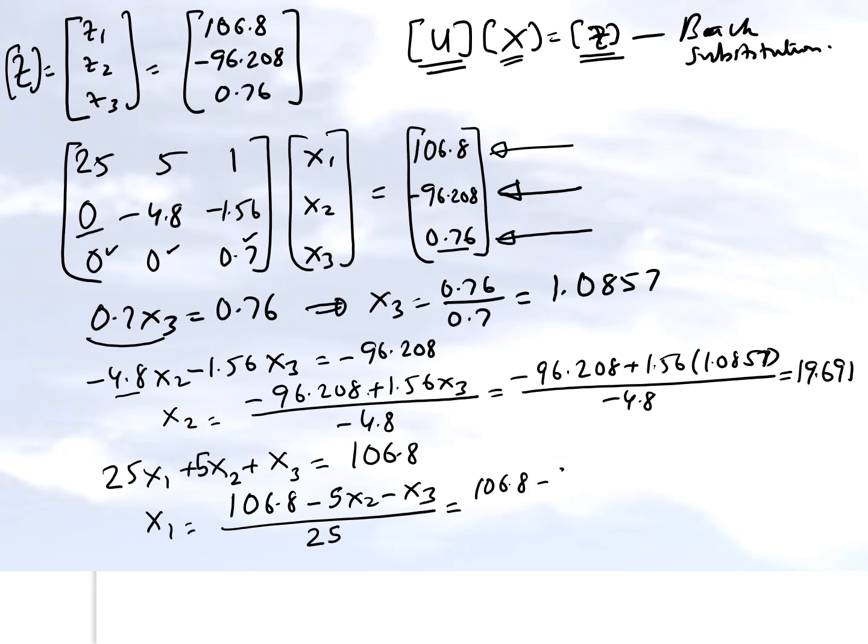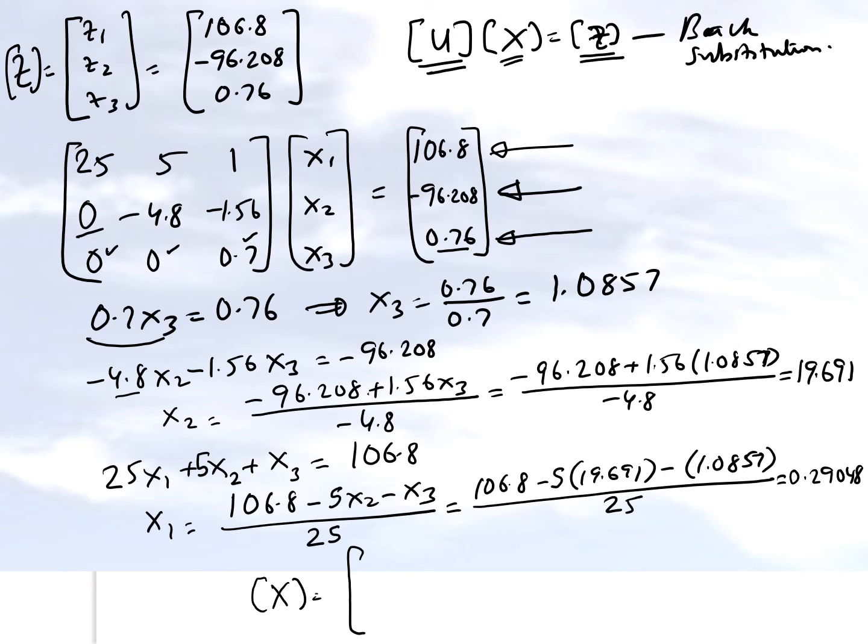And now we substitute the values of x2, which we just found out, and x3, and this number here turns out to be equal to 0.29048. So we have basically found out what the solution is.